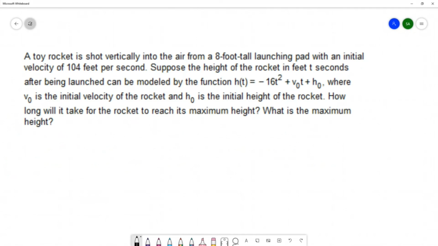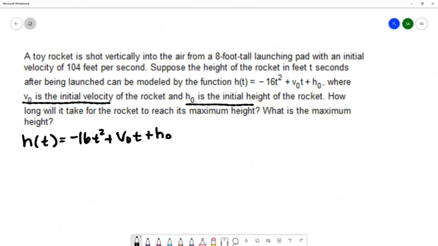So we have this function h of t equals negative 16t squared plus v naught t plus h naught. Here v naught is the initial velocity, and h naught is the initial height, and we are given some information to fill in that v naught and h naught.